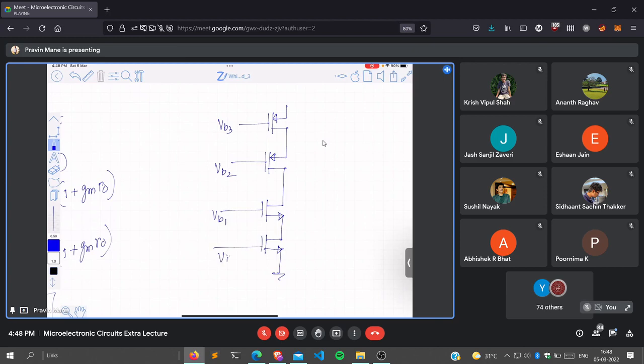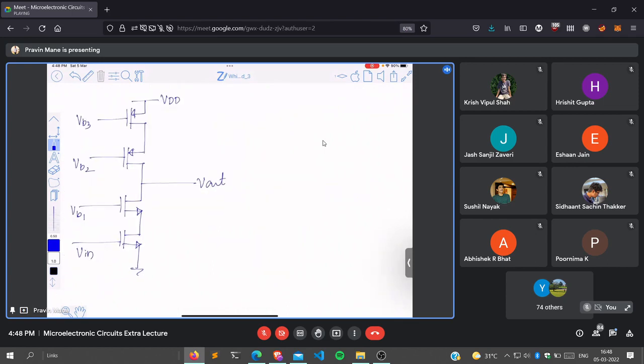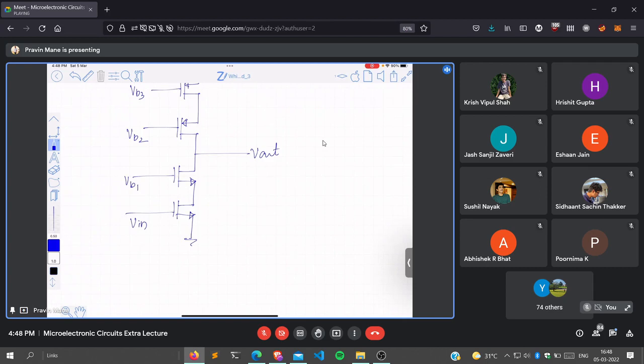Have you seen this amplifier? Yes. This is Vout. What is it called? Cascode. Okay. What is the meaning of a cascode? Cascode is a common source amplifier followed by a common gate amplifier. Because you can see Vin is applied here.